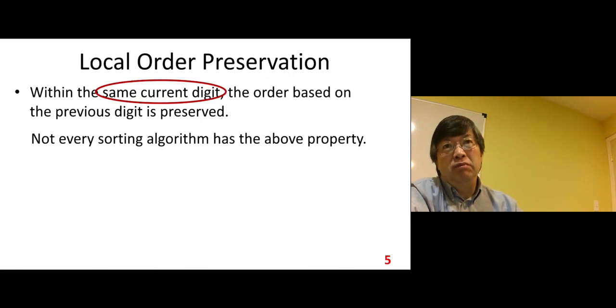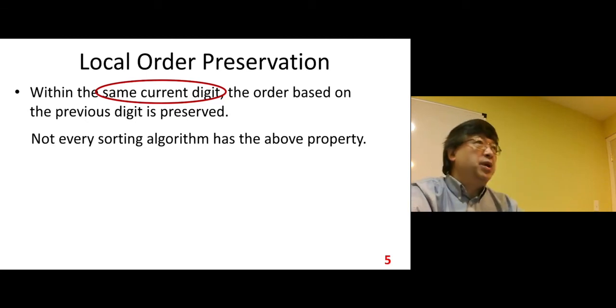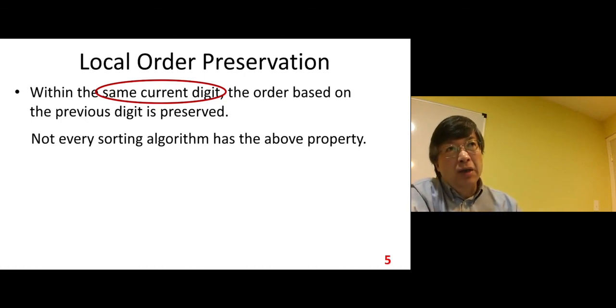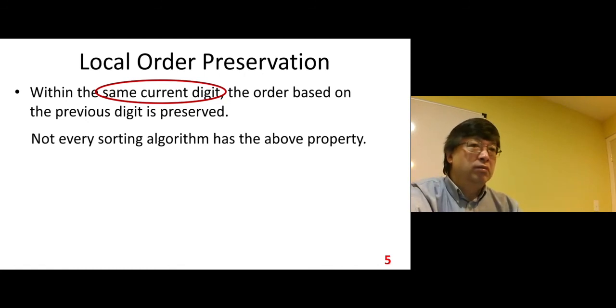That's the key question we need to answer. Not every sorting algorithm has the above property. Some algorithms may have, but some may not. So we need to investigate this problem.